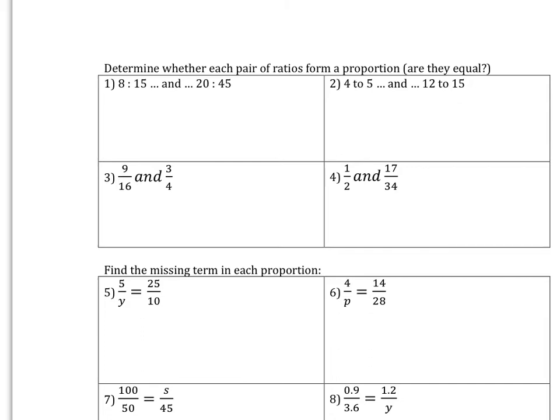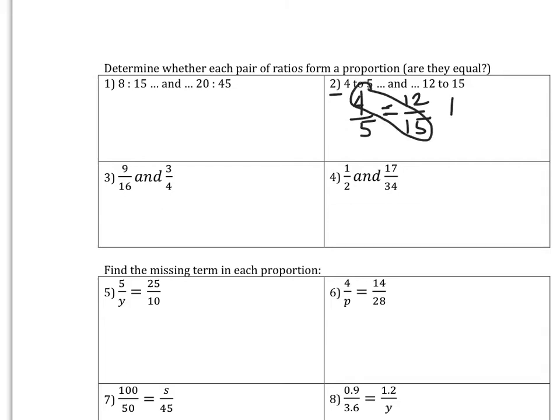Taking a look at some other examples, let's do number 2. 4 to 5, so again, let's write that as a fraction, and 12 to 15. We need to determine whether each pair of ratios forms a proportion. It forms a proportion if they are equal. So let's set them equal and do cross multiplication.